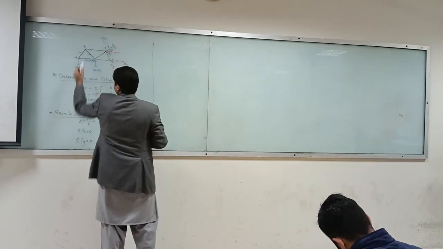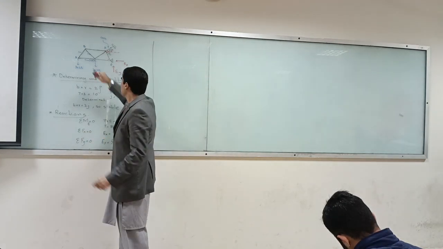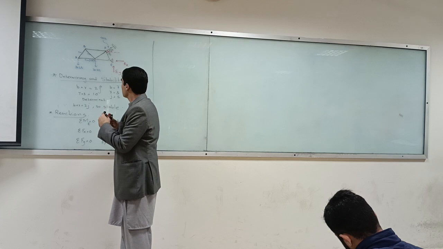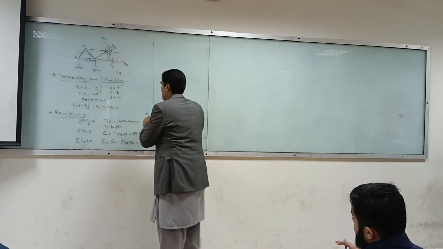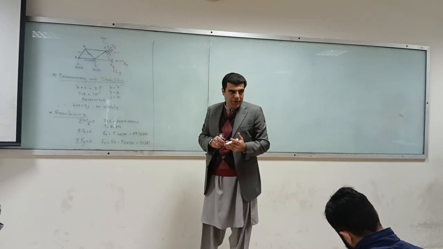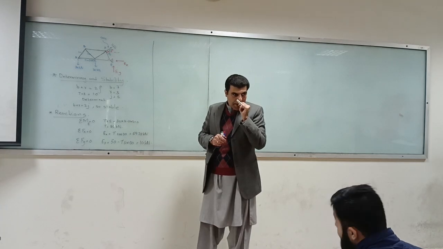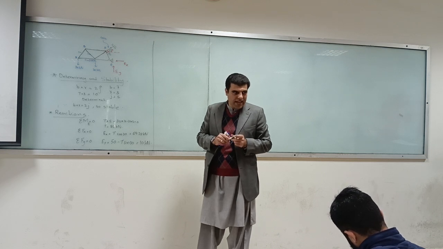Now we solve summation. So at every joint we have two equations, okay, which is summation of Fx is equal to 0 and summation of Fy is equal to 0.